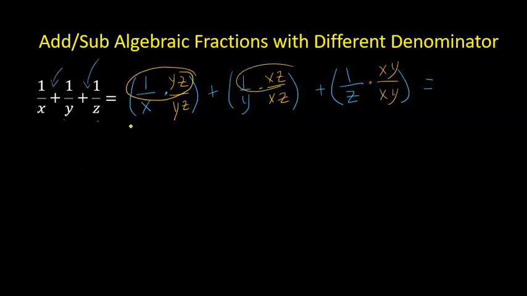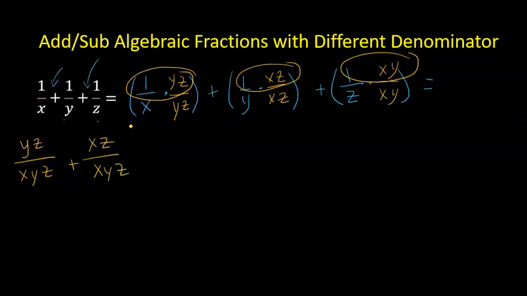Now I'm going to multiply these together. What does it give me? It gives me yz, because that 1 is pretty much invisible, plus xz, plus xy, all over xyz. Okay, great.